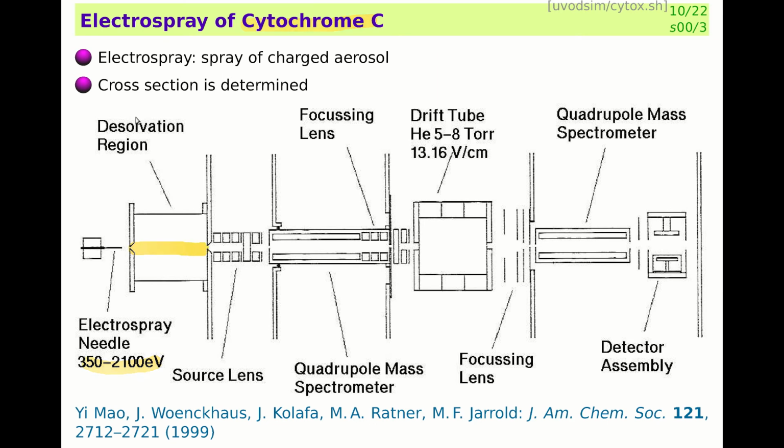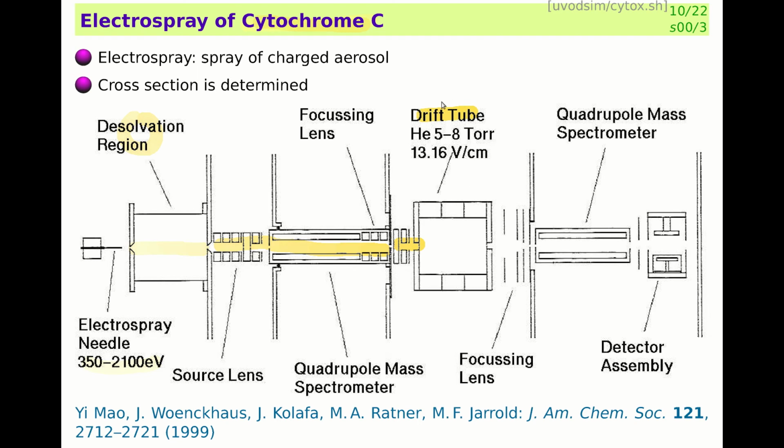They are desolvated, that is dried out, so we have ions of Cytochrome C going further. Here they are focused by magnetic lenses, and we have a beam of such ions going further to a drift tube.